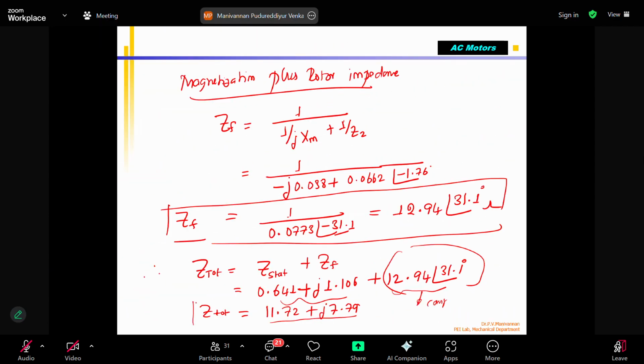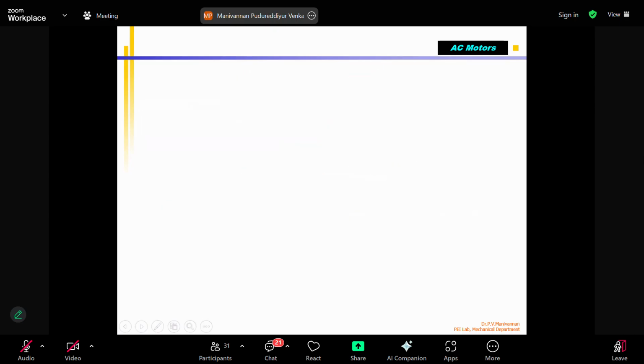Now that we have Z total, we go on to compute I1, the stator current. We know that I1 equals V divided by Z total.